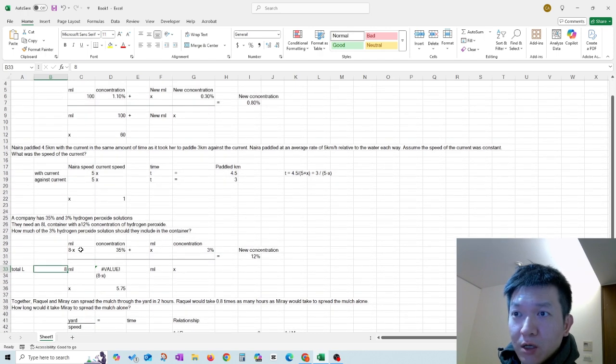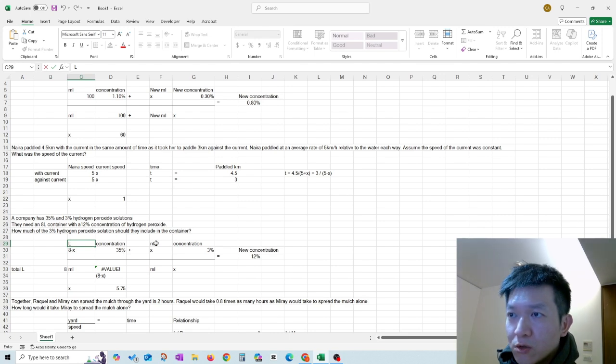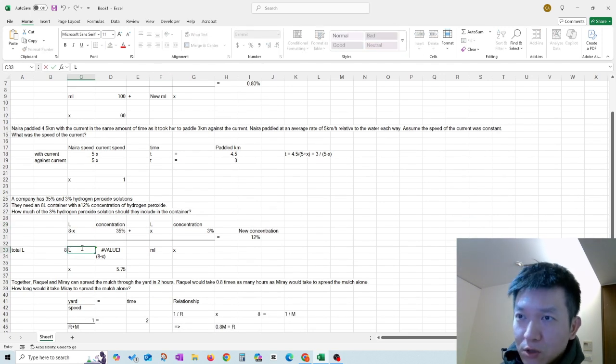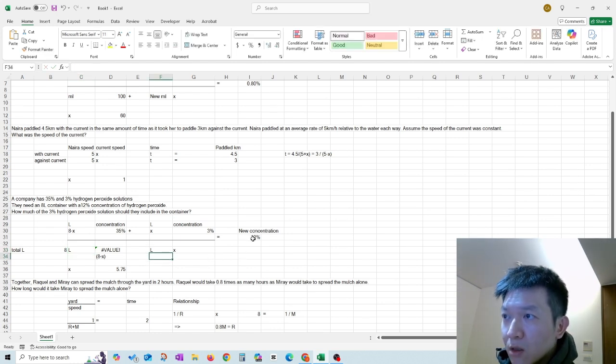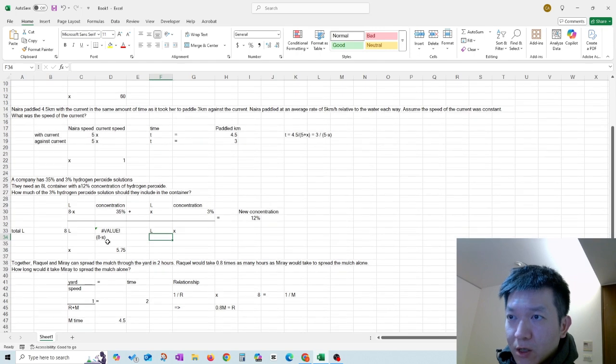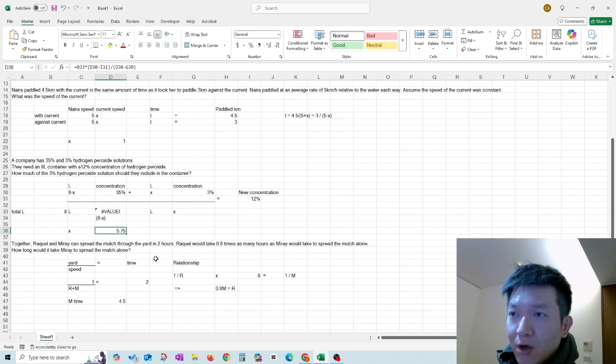I shouldn't write milliliters here, so I'll change it to liters, since that's the unit for this question. Equals 12%. Then you find x, which is the 3% liters required to make this solution, and it is 5.75.